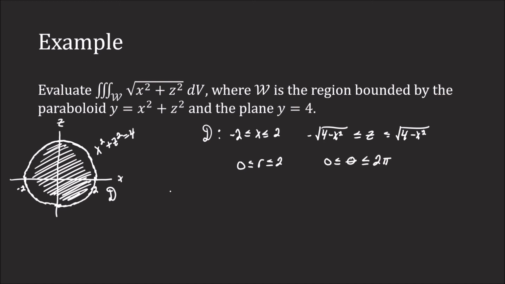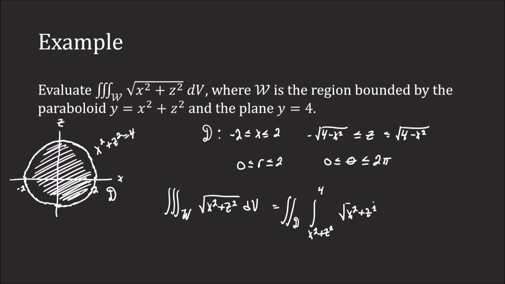So the triple integral over W of the square root of x squared plus z squared is the double integral now over D of the integral from x squared plus z squared to 4 of the square root of x squared plus z squared dy, and then we have dA.